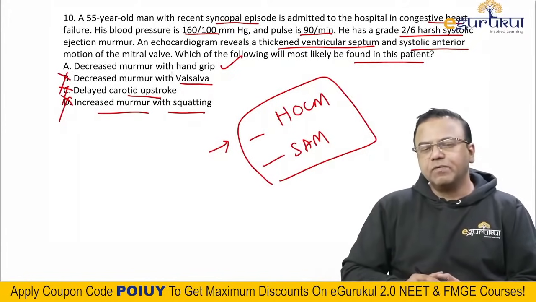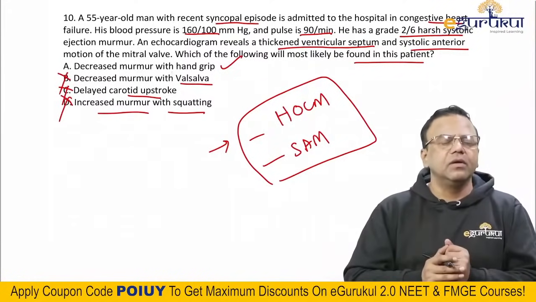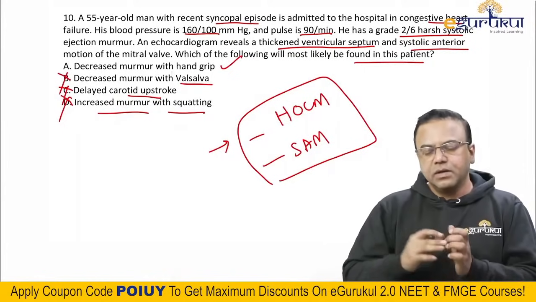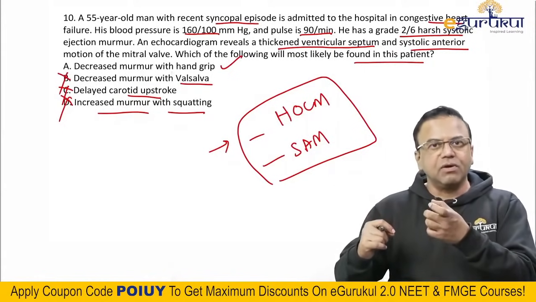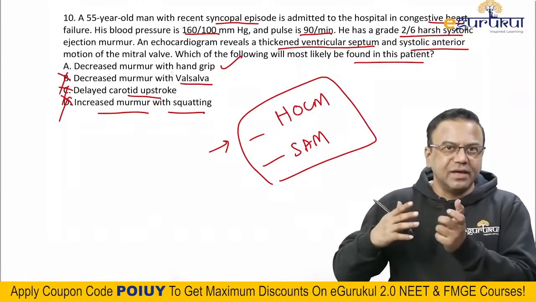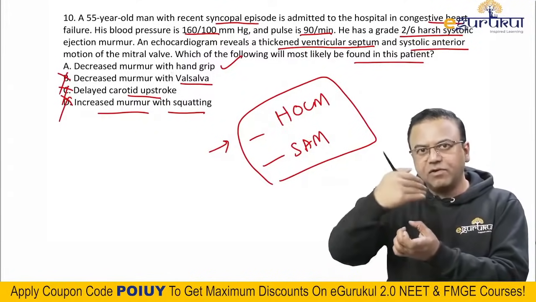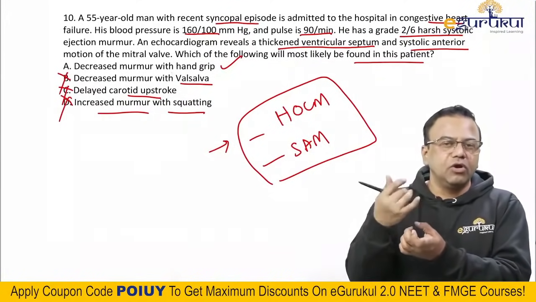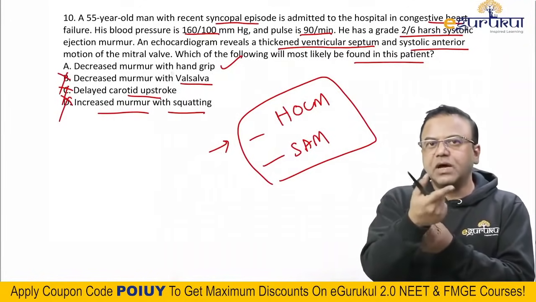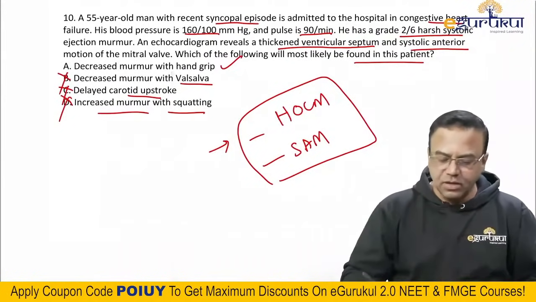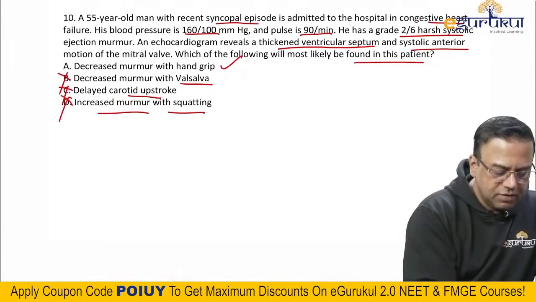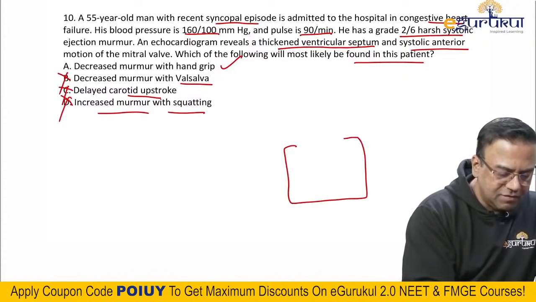So in hand grip, what we're doing, we're increasing the pressure in the aorta. When we increase pressure in the aorta, then the gradient between left ventricle and aorta is decreased. Unless a gradient is there, turbulence will not occur. So if you have an obstruction, before and after obstruction, the gradient is important. When you do hand grip, the pressure in the aorta beyond obstruction is increasing. To give it in a very simple way, let's say you have this.